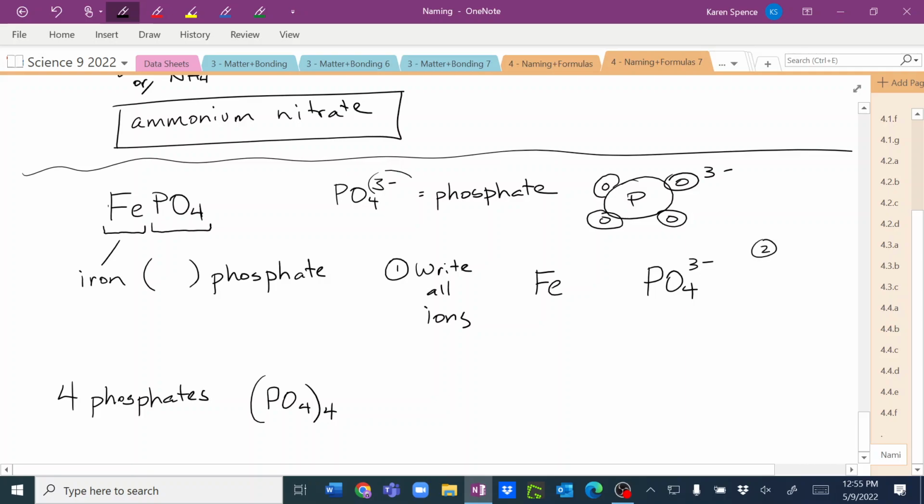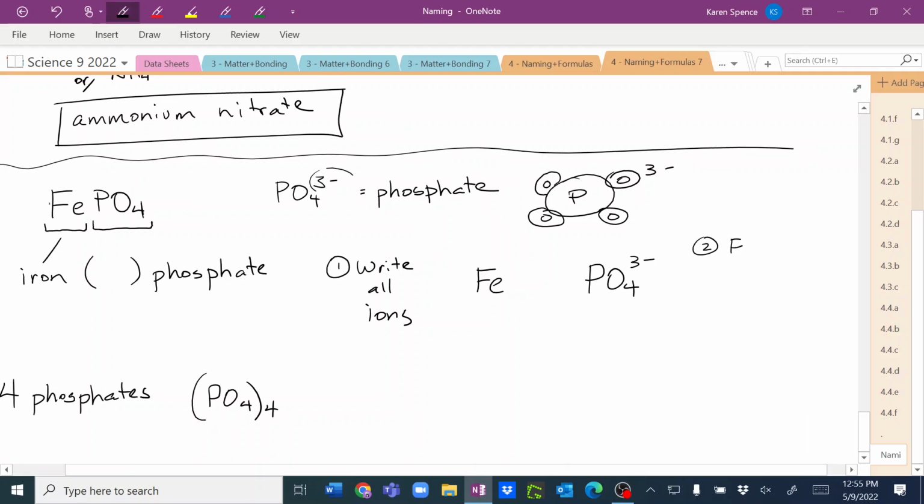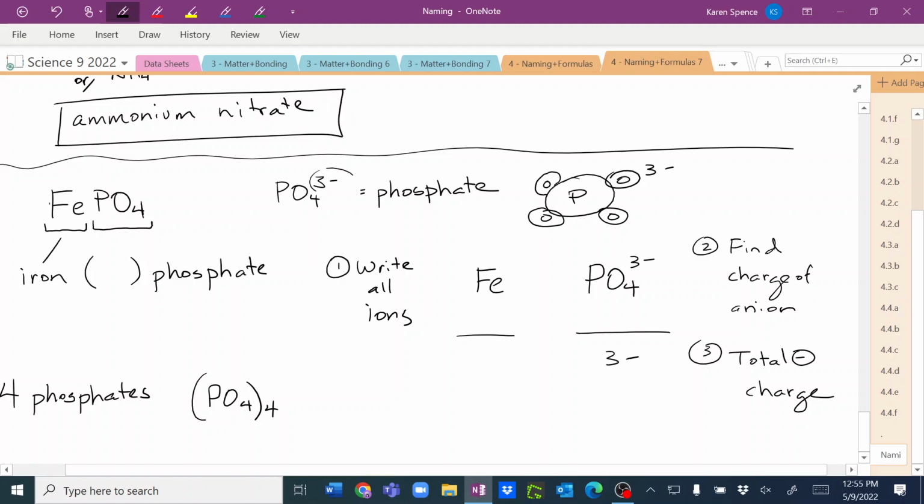So the second thing you have to do is find the charge on the anion. And then you're going to find the total negative charge. This one's pretty easy. What's our total negative charge? 3 negative, because we only got 1 of them, right? What does the total positive charge have to be? It has to be 3 positive. They have to be equal and opposite, so the entire thing equals out to 0.